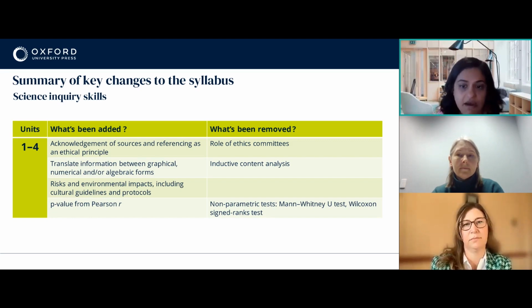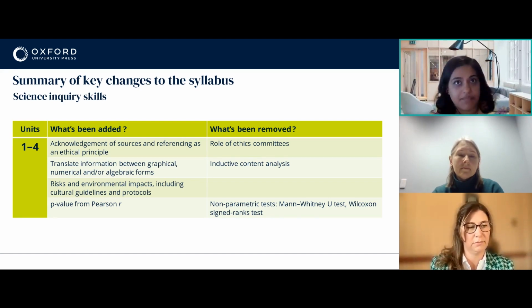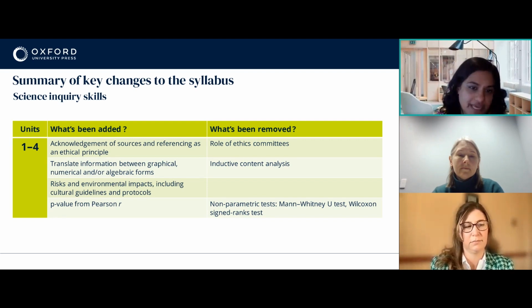The thinking behind that, and this is from QCAA because I've had a chat to Jeff, is that with consultation with universities and academics, they found that they no longer teach those less powerful non-parametric tests, and so t-tests are probably where universities are going to. So there was really no need for looking at the non-parametric tests.